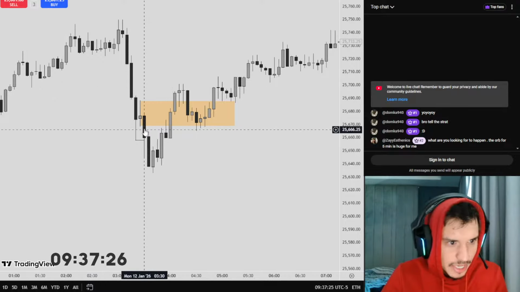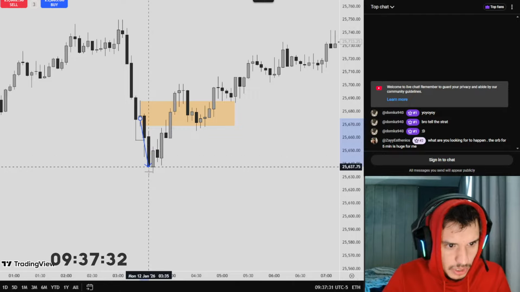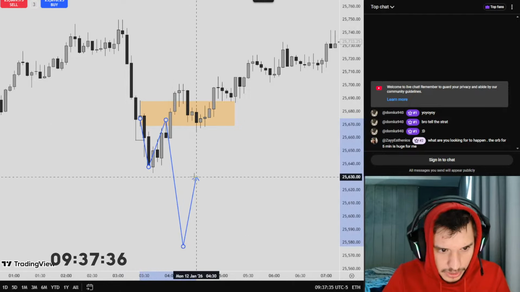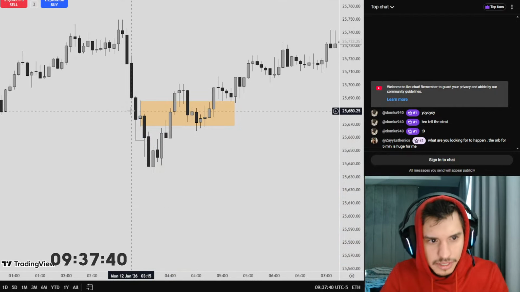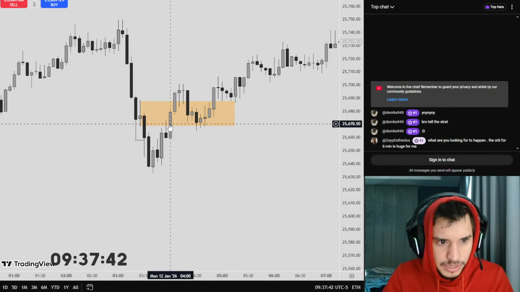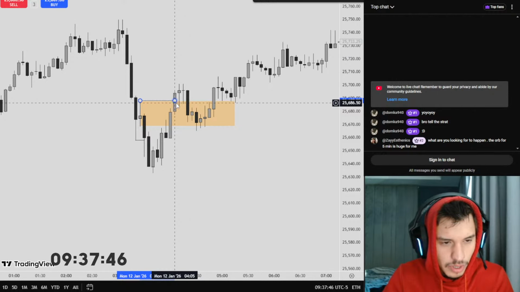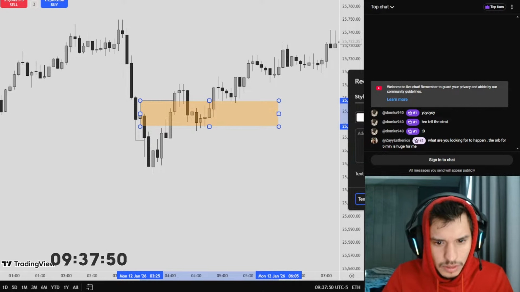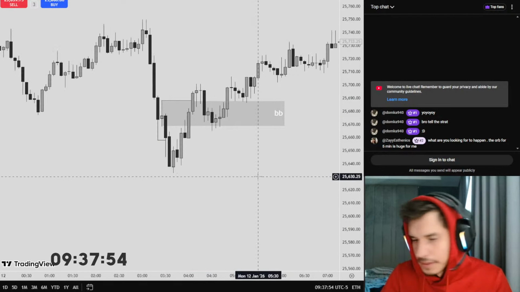So what usually happens is price comes, makes the order block, sweeps liquidity, taps the order block, and continues displacing to make lower lows, right? But in this case, price comes, taps, but inverses the bearish order block. It makes it a breaker block. So that's the breaker block.